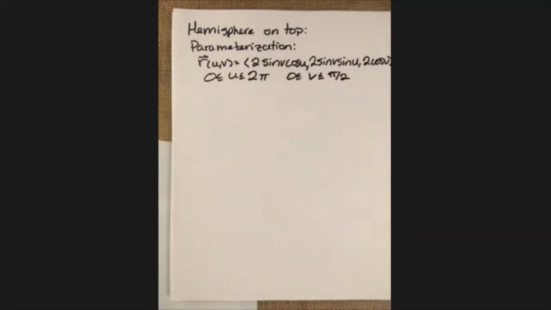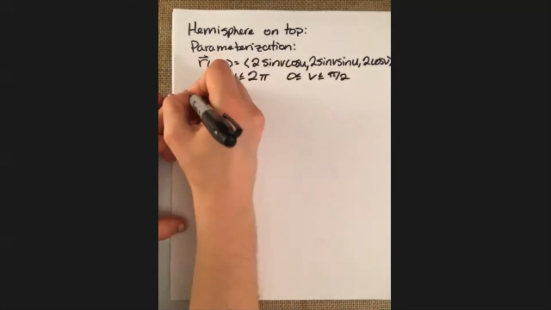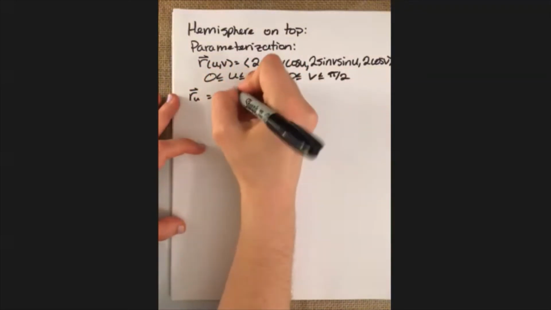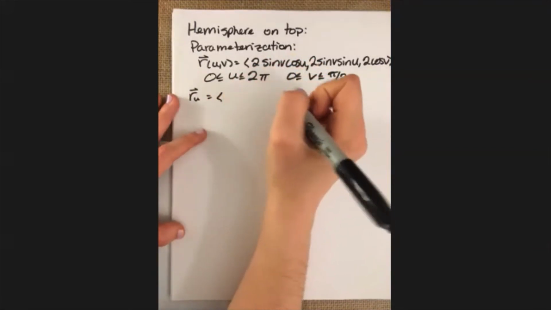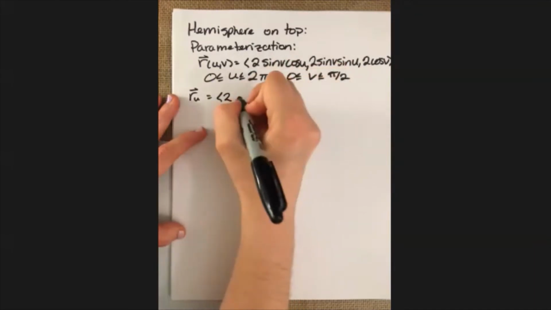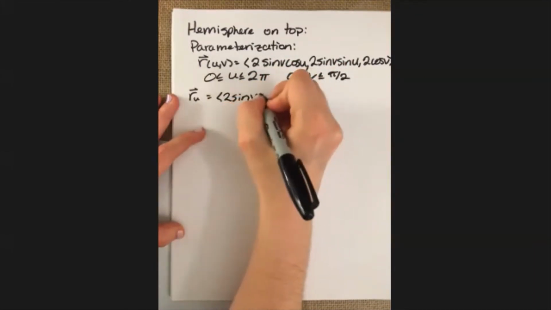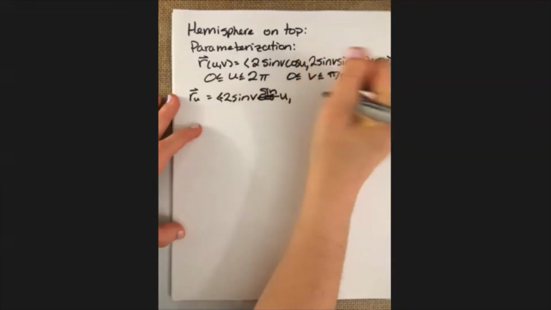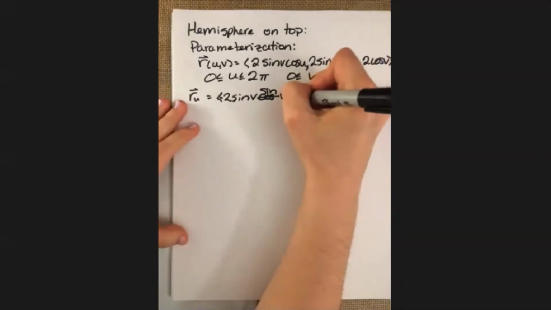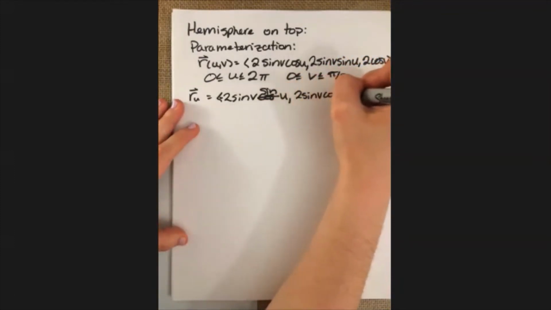All right, let's go ahead. And in this one, I'm actually going to work through the details of finding r_u, r_v, and the normal vector. So we have r_u, which is equal to negative 2 sine v sine u, 2 sine of v cosine of u, and then 0.